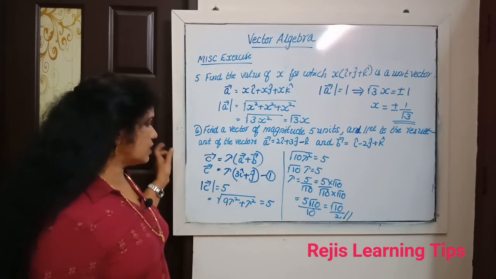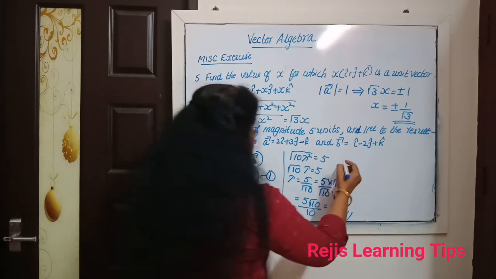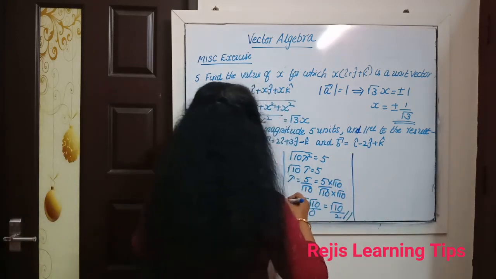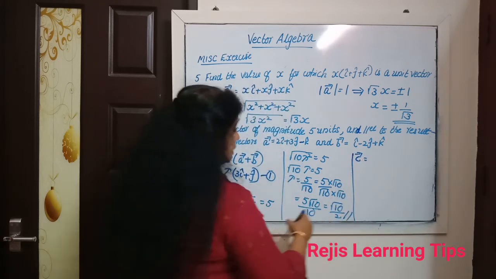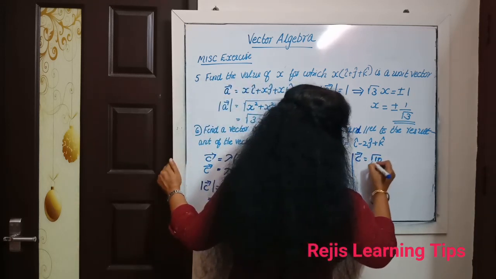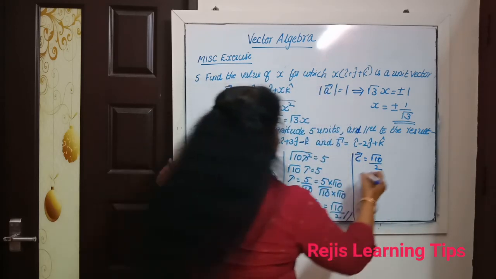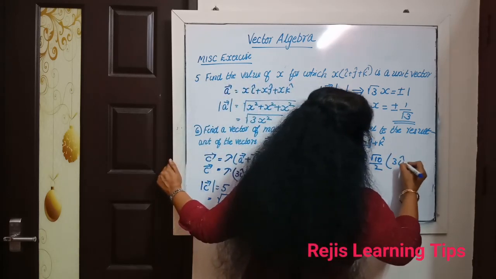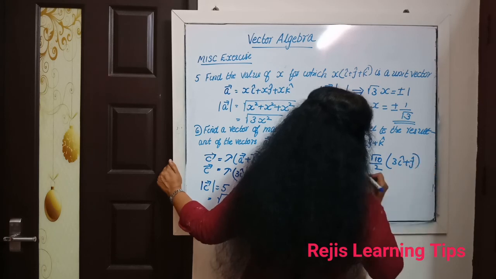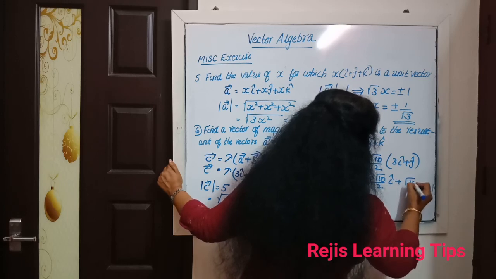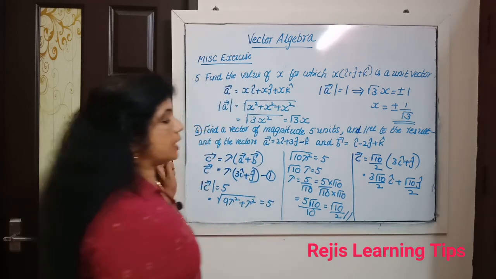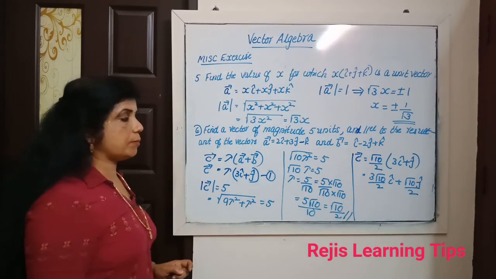Okay, then we can substitute this in equation 1. Substituting in equation 1, vector C is equal to lambda, that is root 10 divided by 2, into 3i cap plus j cap, that is equal to 3 root 10 divided by 2 i cap plus root 10 divided by 2 j cap.